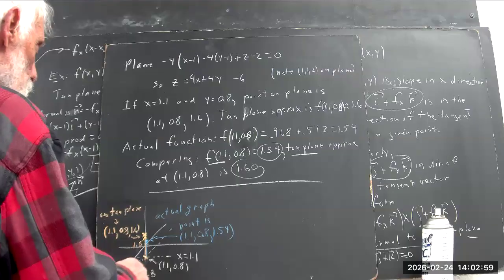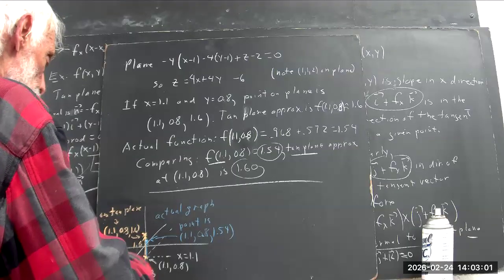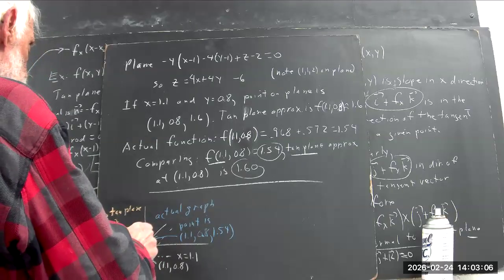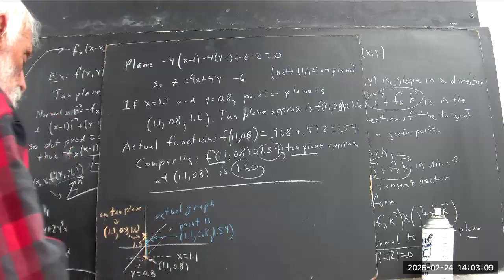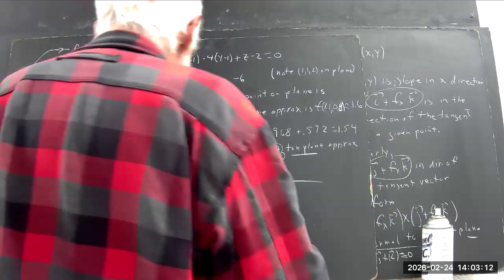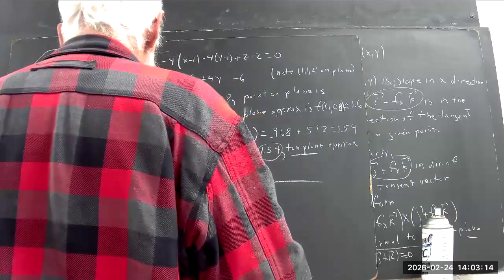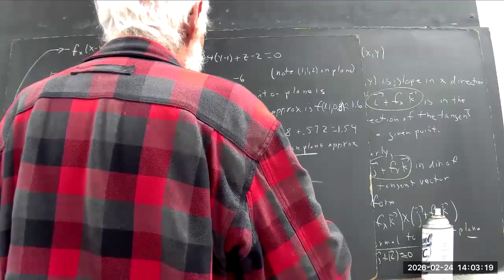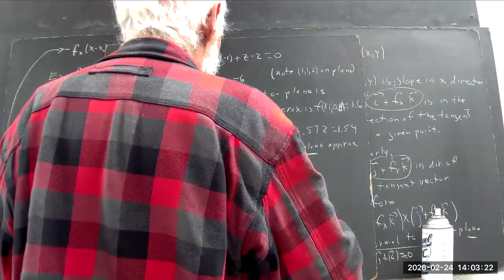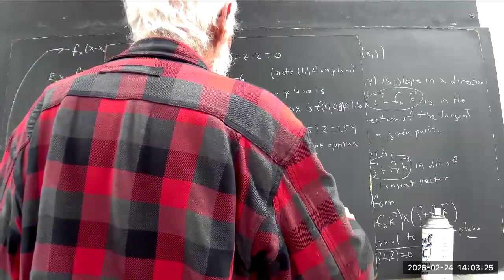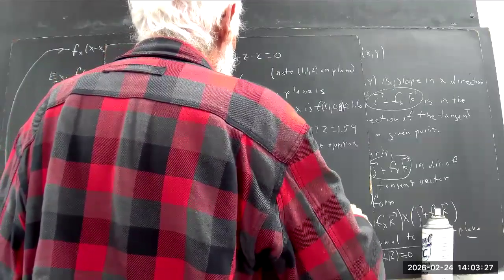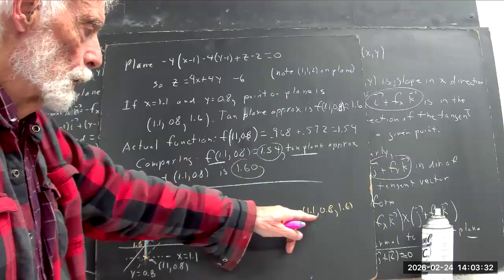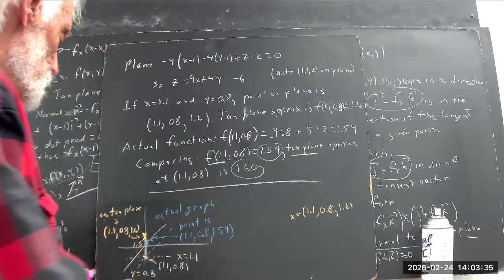So let's just say the point 1, 1, 2. I don't have a good way to draw it here, but I'm going to try to draw it. Here's a point 1.1, 0.8, 1.6.